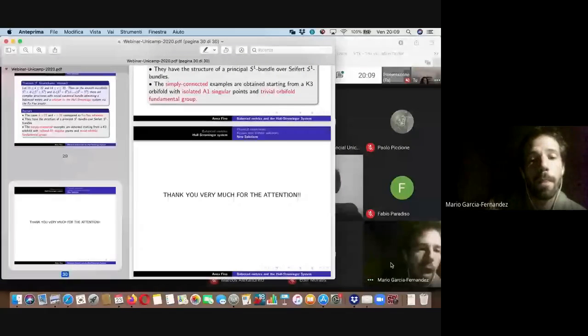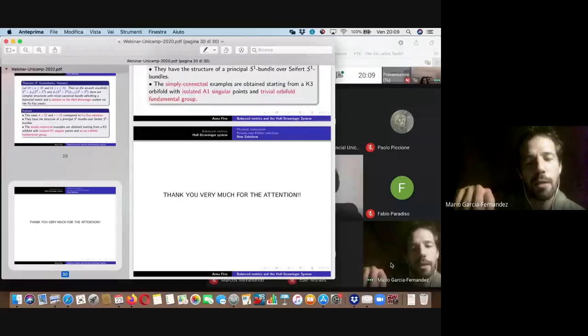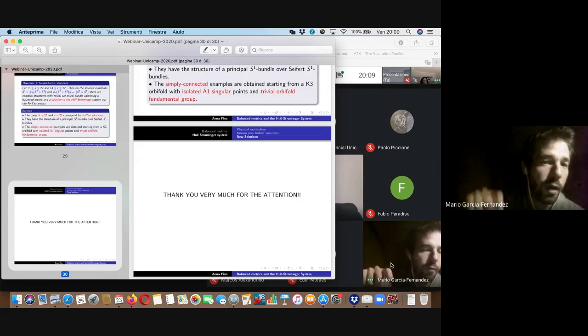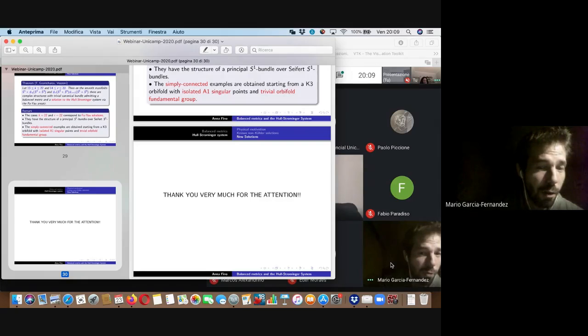So if you drop this dilatino equation, you will have some Hull-Strominger equations for an almost Hermitian structure, where the almost complex structure would not be integrable, but you will still have something like a pseudo-holomorphic volume form.